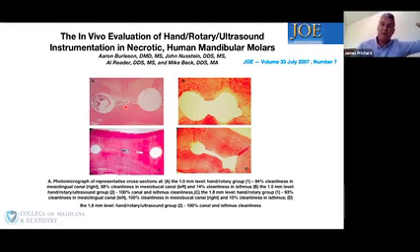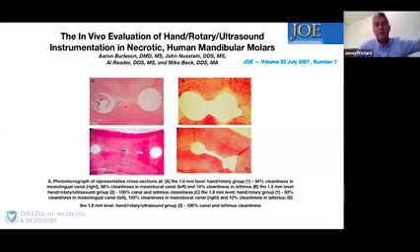So we know that ultrasonic activation of irrigant is an effective way of cleaning the canal. We also get, with ultrasonic activation, some heating of the irrigant, and that heating may make the irrigant more effective. Certainly with hypochlorite, it may also make the sodium hypochlorite exhaust more quickly, requiring replenishment.